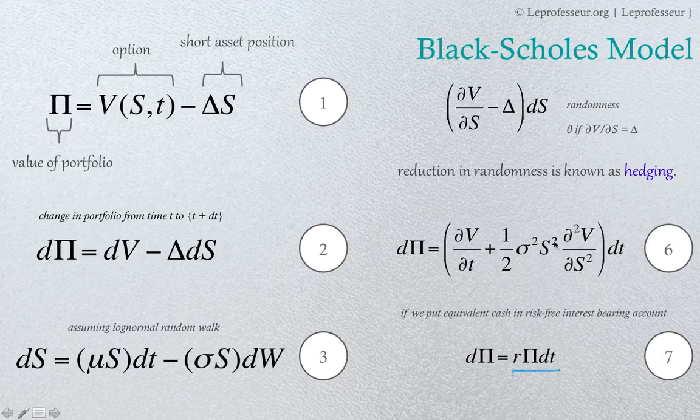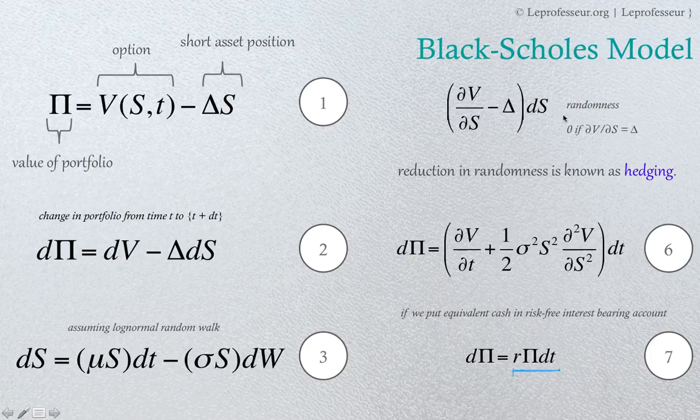In equation 6, we simply made use of the concept of delta hedging. We put delta equal to delta V over delta S in equation number 5, so we get d pi equal to this.